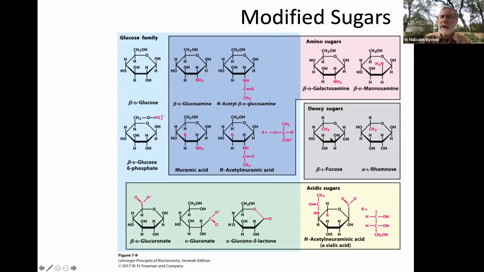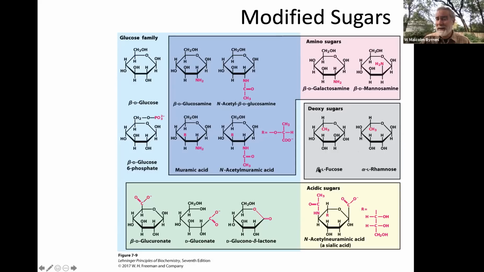Now I want to point something else out here. Notice that this CH3 points down. That's how you know it's L. It's down here also for rhamnose. That's how you know it's L. Now notice here that the OH group of beta-L-fucose is on the same side as the CH3.